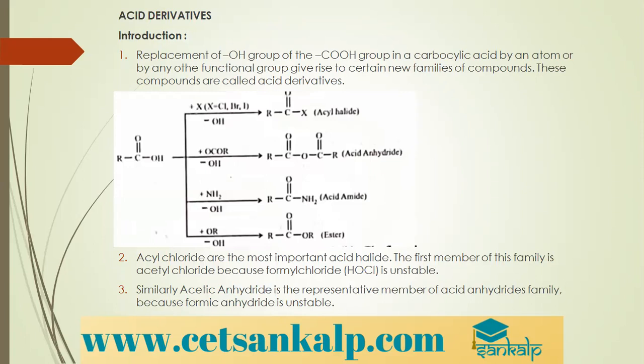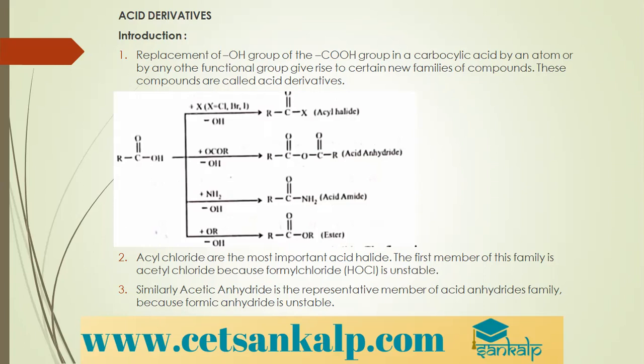So you can see there I have mentioned some of the acid derivatives. When you replace the OH by X, X is nothing but halogen, we get acid chlorides. That is also an acid derivative, which means it is derived from an acid by replacing the OH group. Then if you replace it by OCOR, we get anhydride. We have seen these reactions.